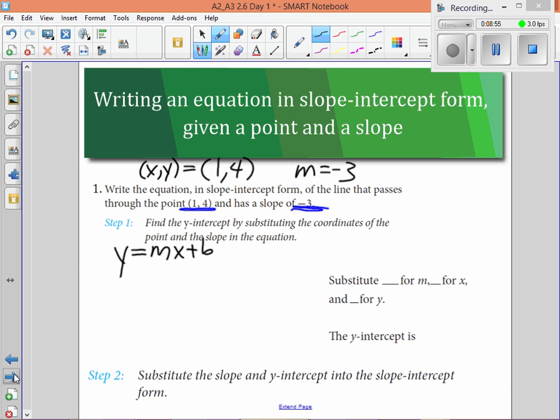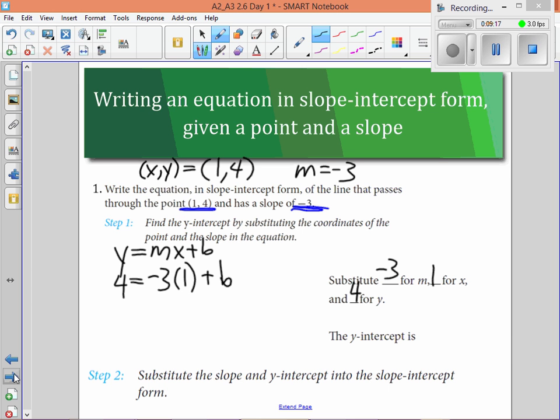So when I substitute this, I get 4 equals negative 3 times 1 plus b. I said m was negative 3, x is 1, and I'm left with b.